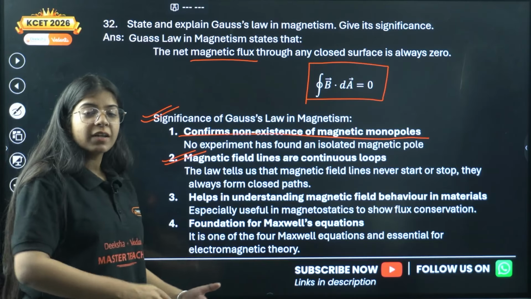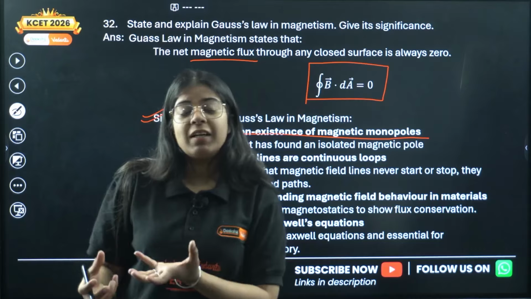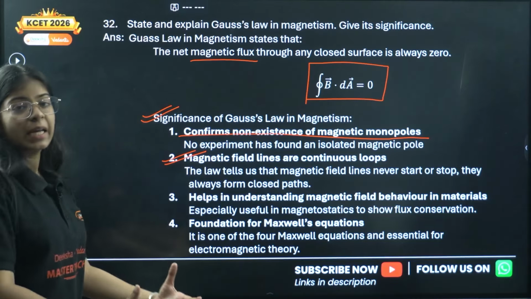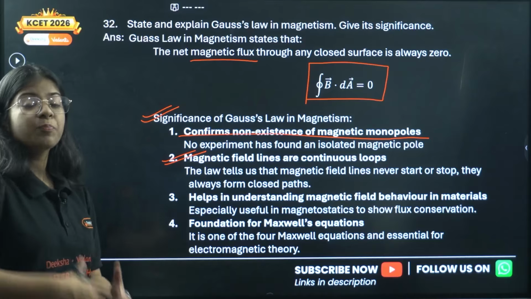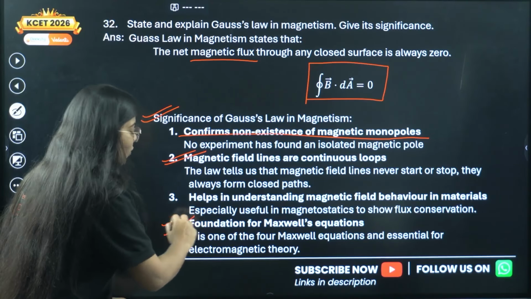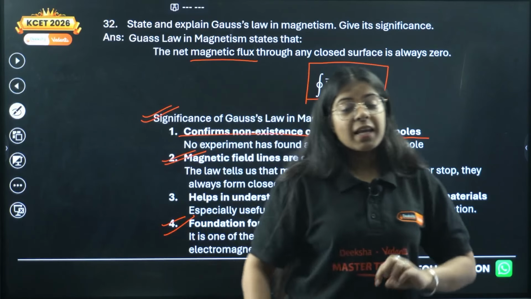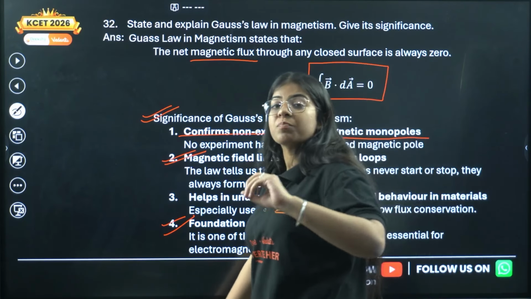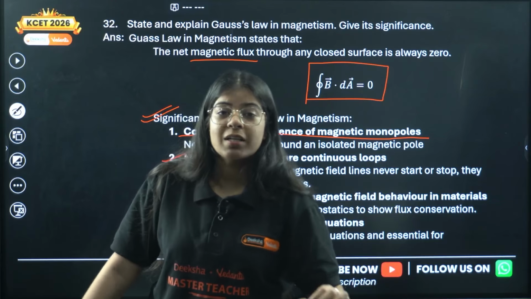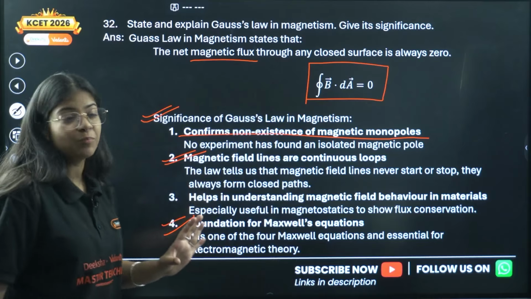If we know that flux is zero, it will help us understand how magnetic field lines and magnetic flux behave in a particular material of a particular shape. Correct? And fourth is the foundation of Maxwell's equations. It is one of the four Maxwell equations and is very essential because it says that magnetic monopoles do not exist. It kind of proves that point. Okay, so it is very, very important.